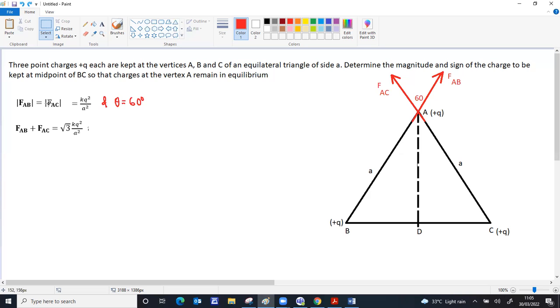So FAB plus FAC, when you add these two, the resultant will be upward. That will be equal to √3 times KQ square by A square. The resultant will be vertically up.